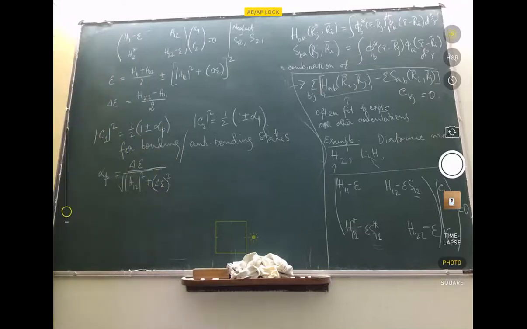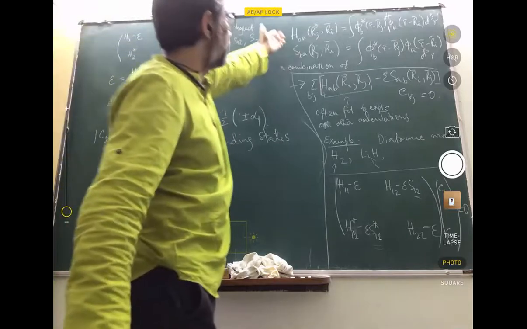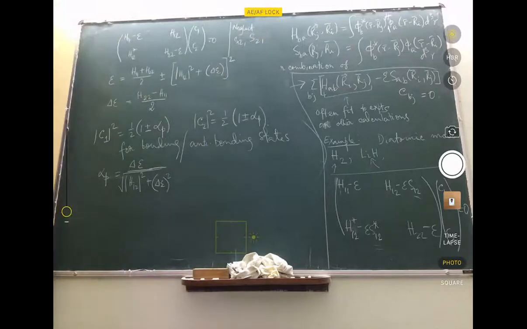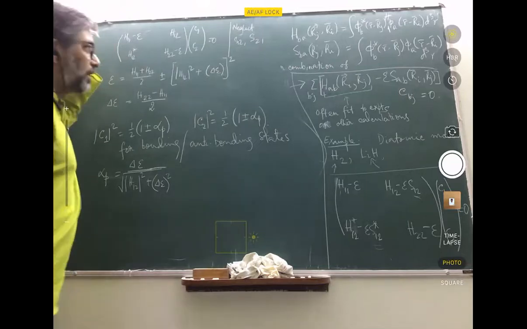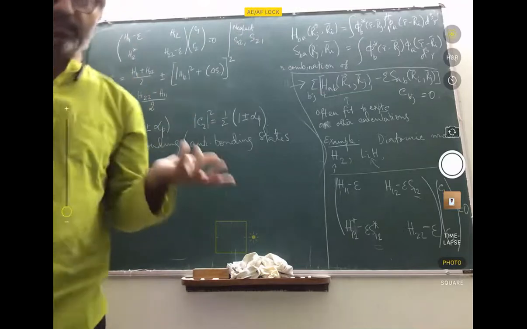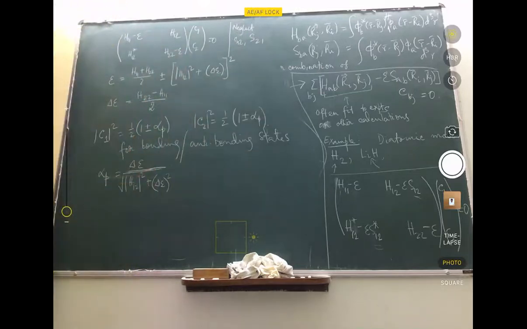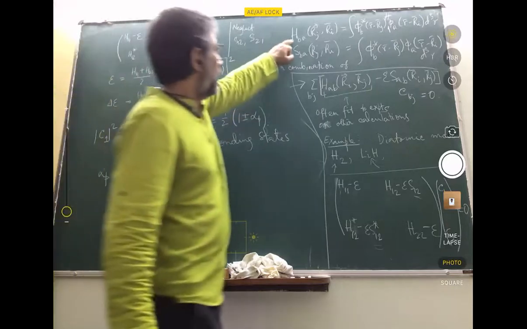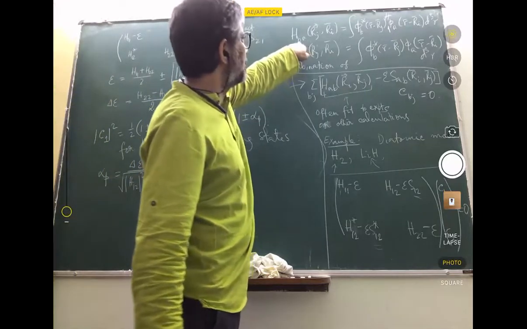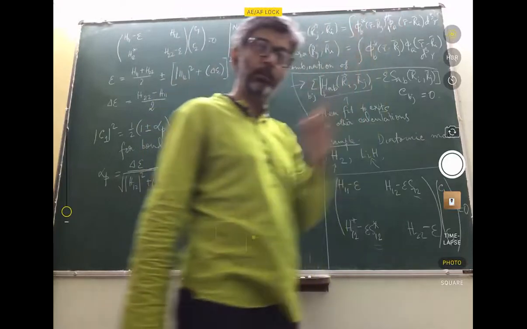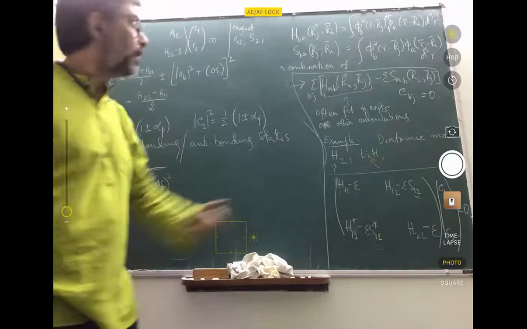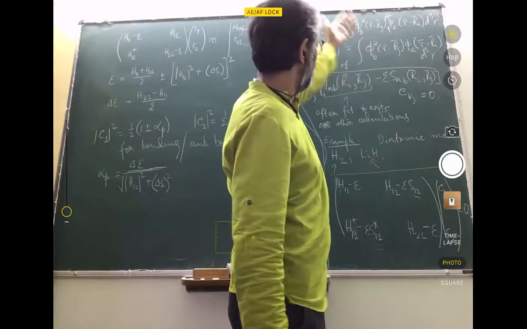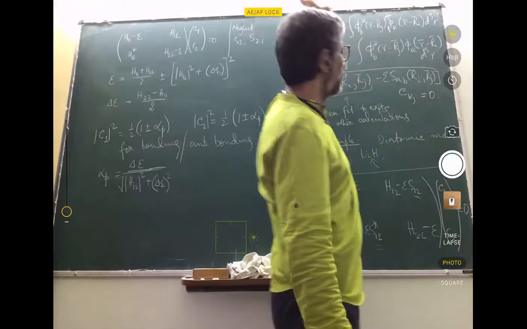So what are these various quantities? H11 is when A is equal to B, so it's the diagonal matrix element of the Hamiltonian. These are called on-site energies. But remember, when A is equal to B, it's the matrix element of the full Hamiltonian of the diatomic molecule, in the state, let's say, of the 1s orbital on one of the hydrogen atoms.